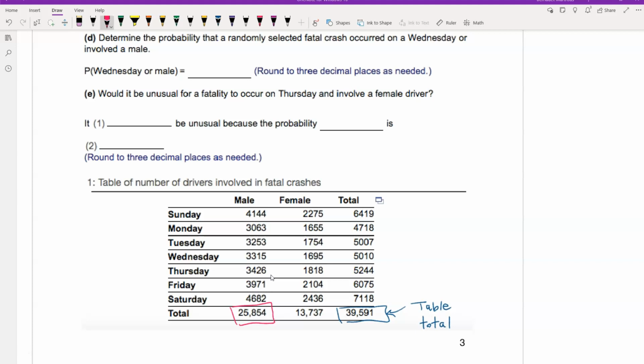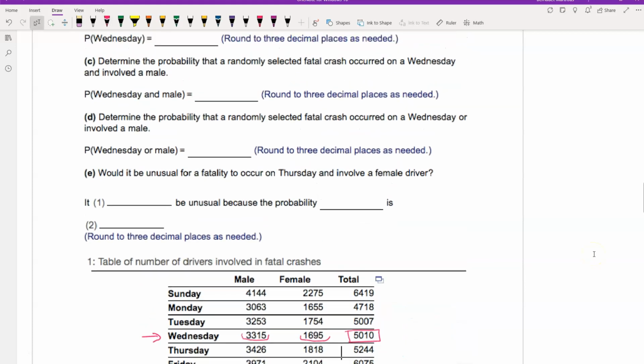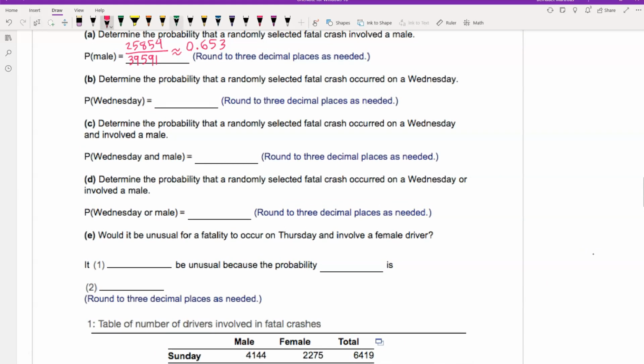So on this part we have Wednesday, and we have male, female, and if total was not given, we should add these two to find it. So the total for Wednesday is 5,010. Use that number divided by the table total. 5,010 divided by 39,591, rounding, it's 0.127.